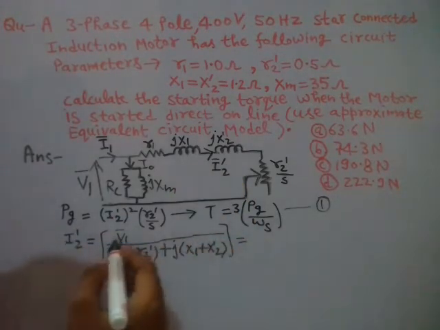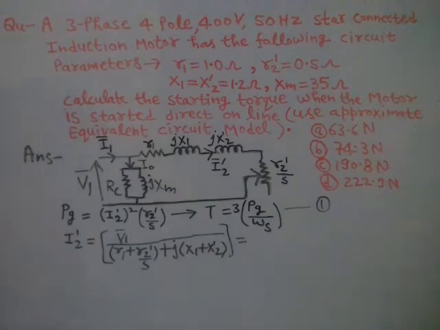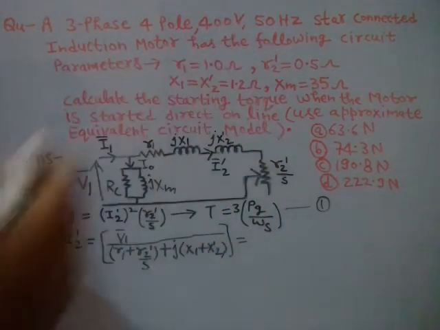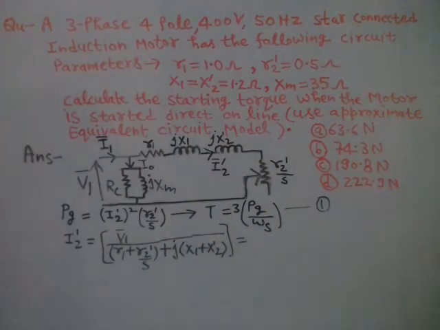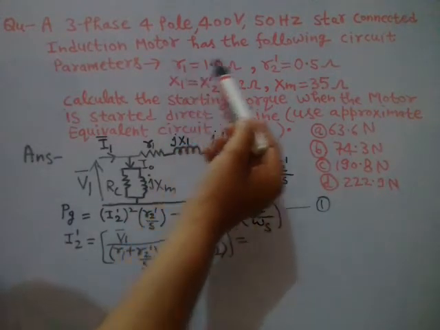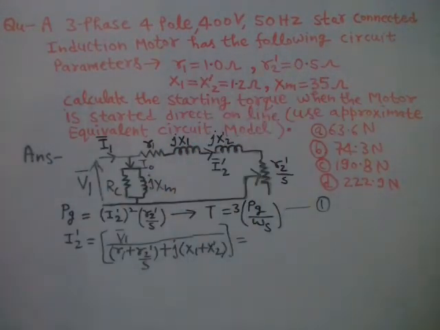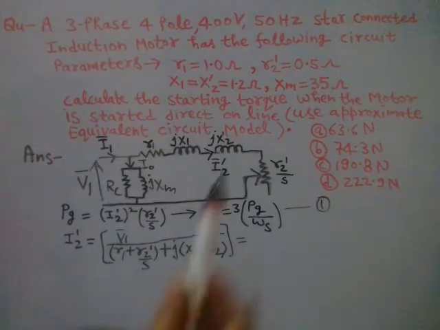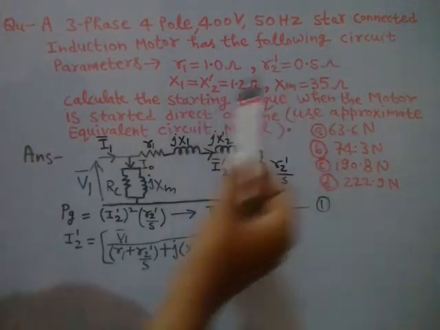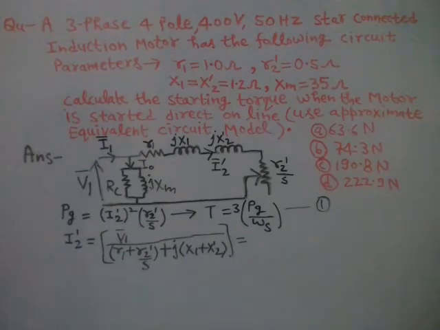So V1 is the applied voltage, that is 400 volt, right? So these winding parameters are given on a single phase basis, right? Unless stated otherwise, you will have to assume that these ohmic values are basically for one phase.